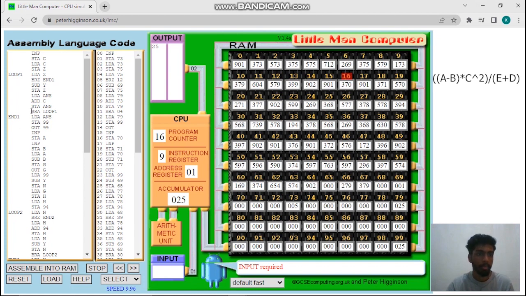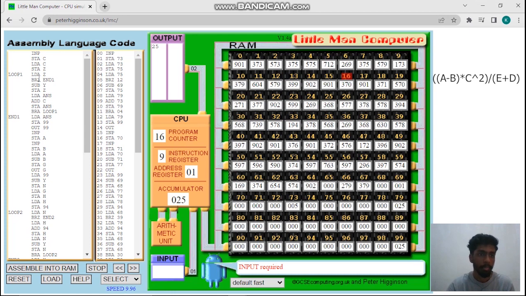Now I use branch, which will branch back to loop 1, and I load ANS, store it at 99, and OUT 99 means it will give the output of box 99 right here.